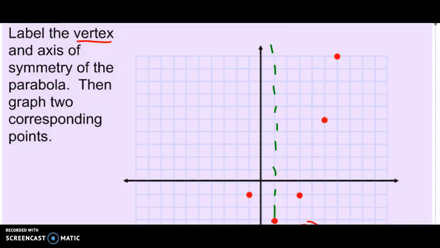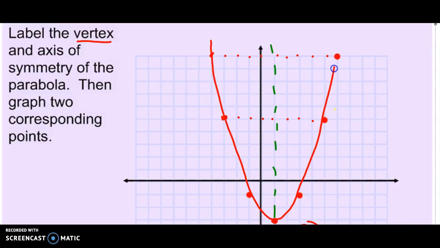So you just basically say, well, if this point is 4 spaces away from the axis, we're going to go 4 more. 1, 2, 3, 4, and draw a dot. And then if this one is 5 spaces away, 1, 2, 3, 4, 5, we're going to go 5 more. 1, 2, 3, 4, 5, and draw a dot. And there you've done it. You've drawn the parabola based on the axis of symmetry.